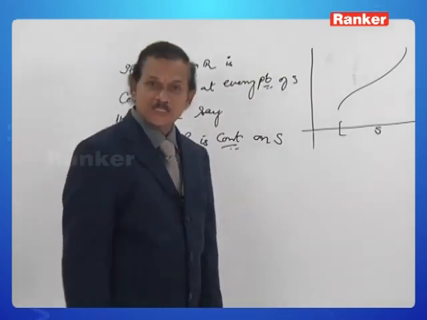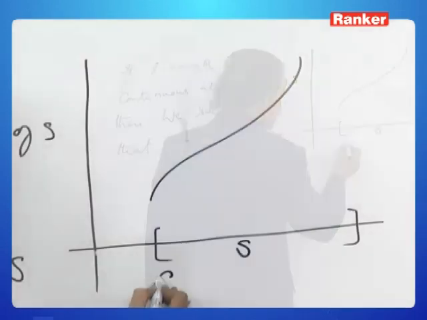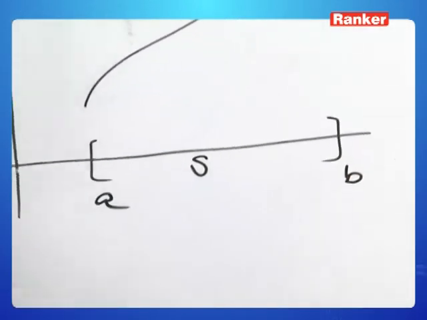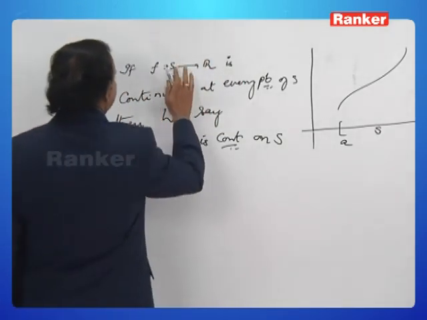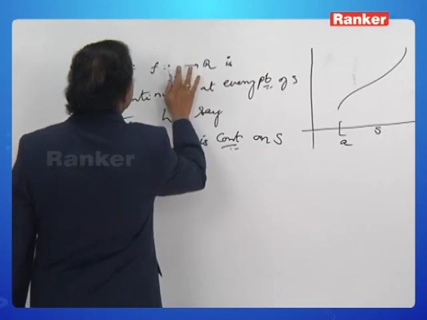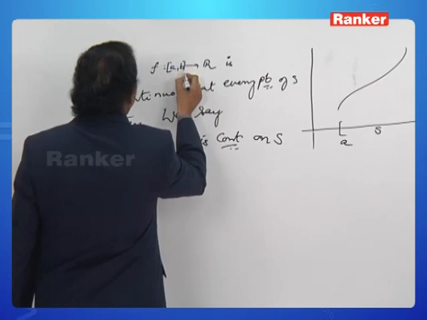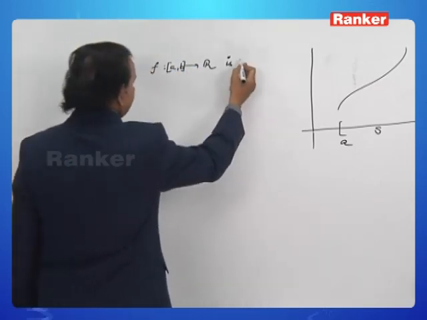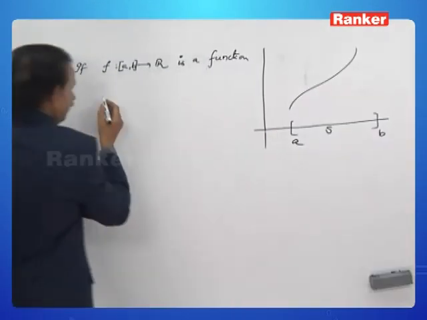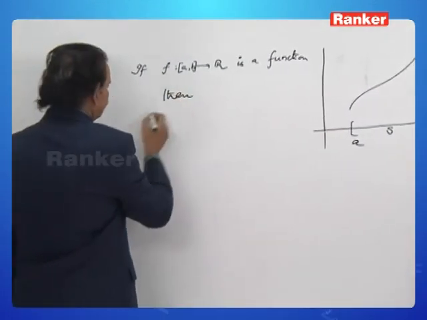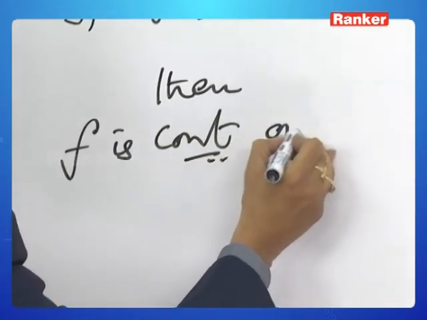Now, of special interest is the case when the domain of the function is a closed interval a to b. What happens? If f from closed interval a to b to R is a function, then f is continuous on a to b.